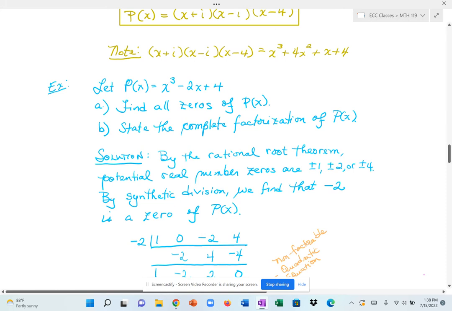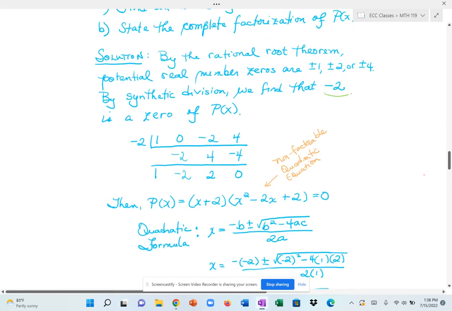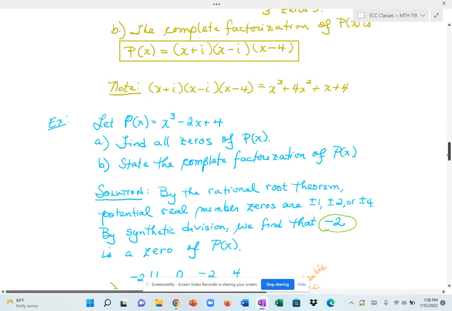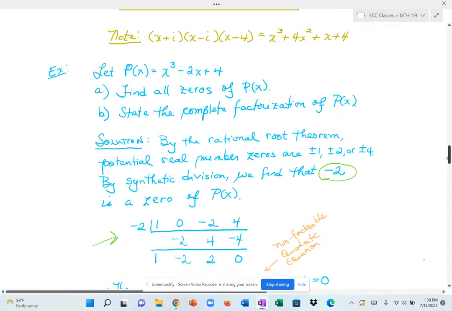In this case, I didn't show all the work, but negative 2 would work, and the work is right here. So you list the leading coefficients, and here an x squared term is missing, so that's why I have a 0 there. I have x to the third minus 2x plus 4, so there is no x squared.